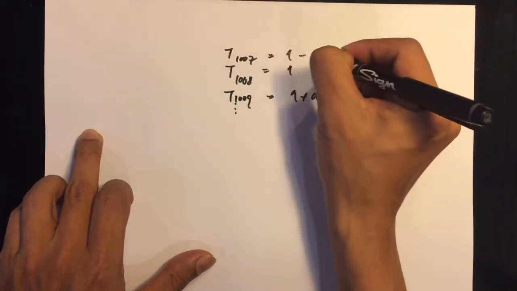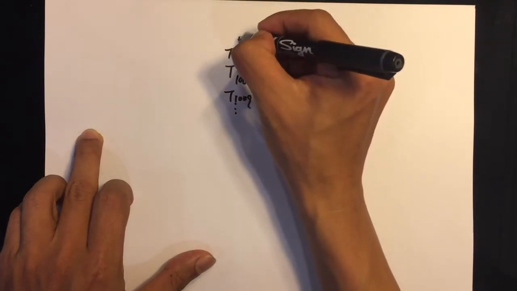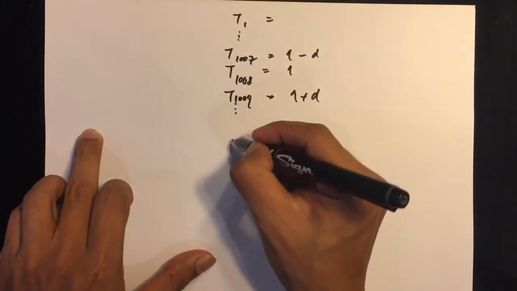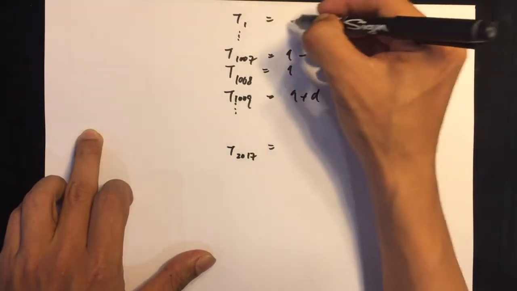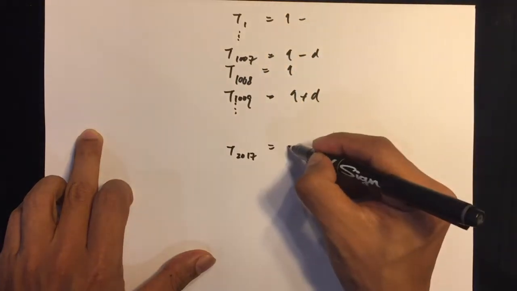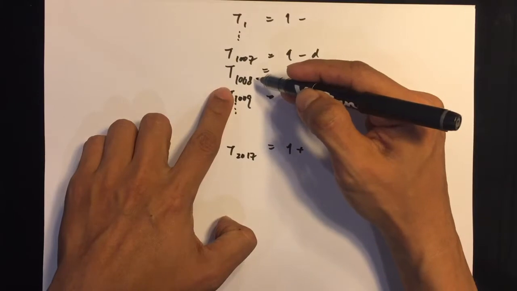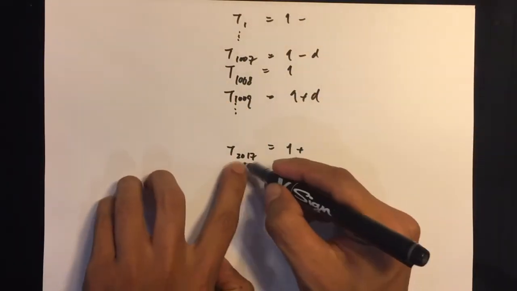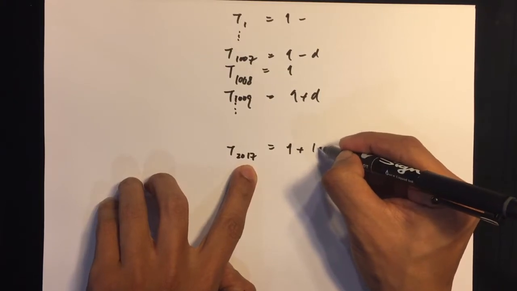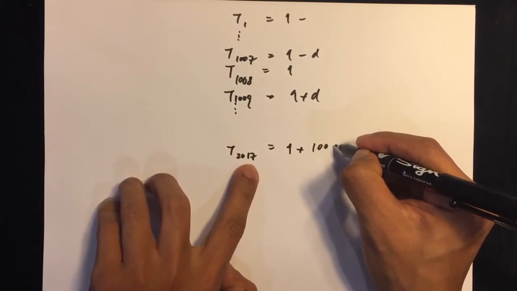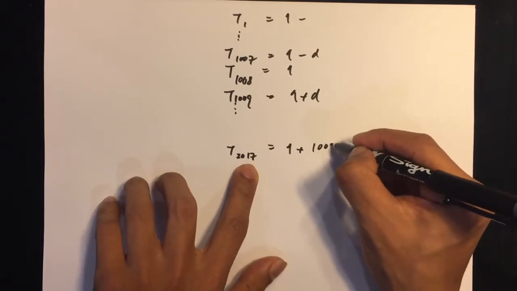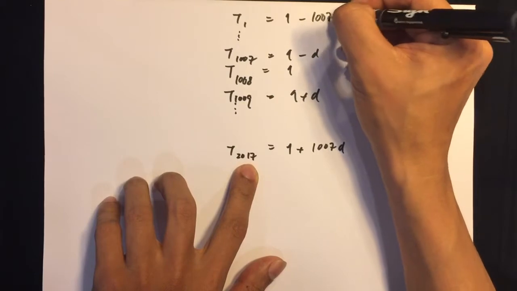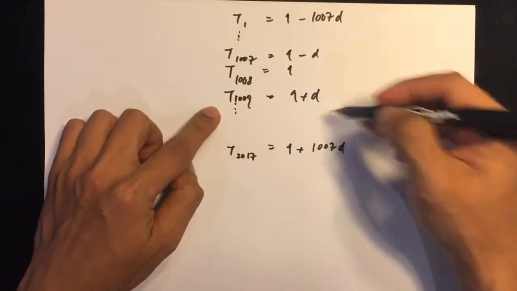T1007 is 1 minus the common difference, and if you extend all the way from T1 up to T2017, you'll find the first term is 1 minus 1007 D, and the last is 1 plus 1007 D.